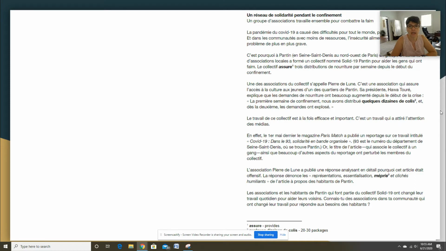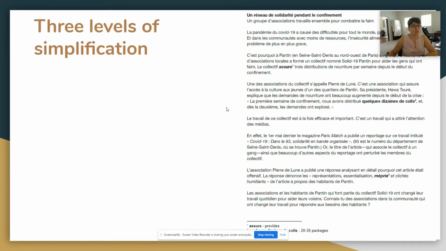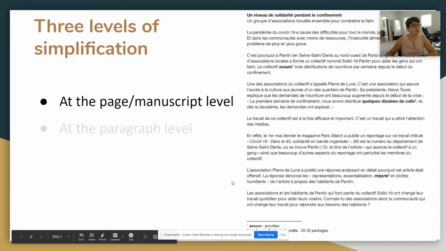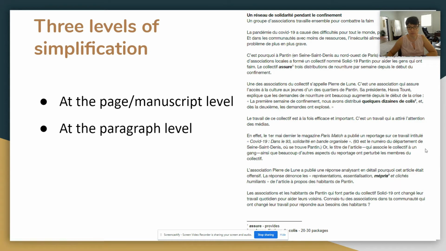Let's take a look at the 3 levels of simplification. So the first level of simplification is at the page level, or if you have a manuscript from an author, at the manuscript level. The second round of simplification is at the paragraph level.